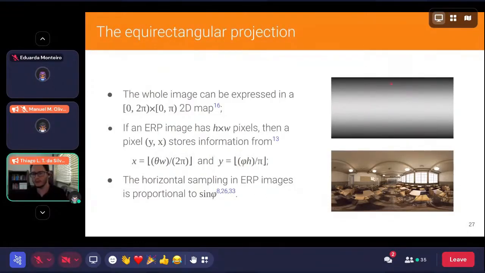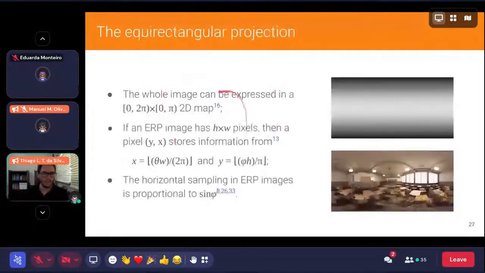And although it's not so clear to most of you, I think, we know that in the equator region, we have unit sampling, and as we move to the poles, we have a high oversampling, and then each pixel contributes to a small portion of area on the sphere, but a large portion of area on this planar representation. Okay.